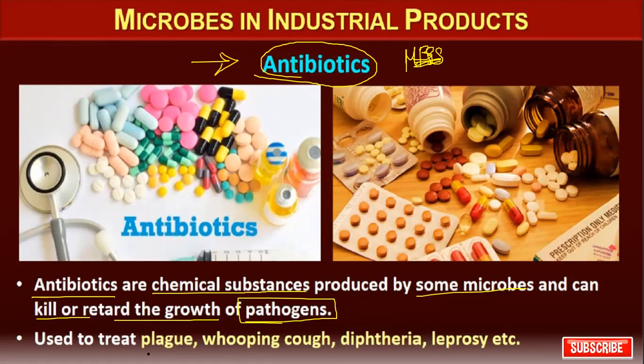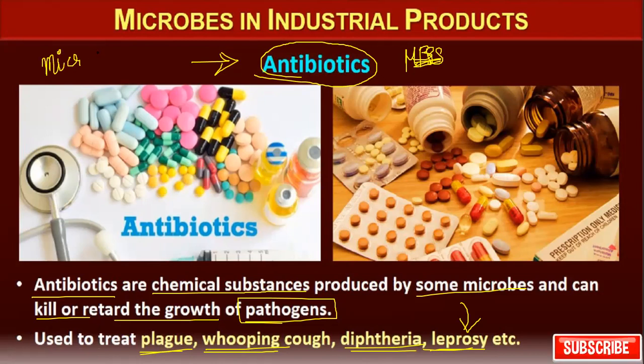So antibiotics are used in the treatment of plague, whooping cough, diphtheria, leprosy, or whatever diseases. So antibiotics are again an industrially made product from another kind of microorganism. Another kind of microorganisms only we are making this antibiotic from, right?